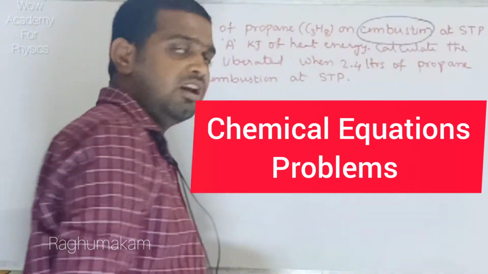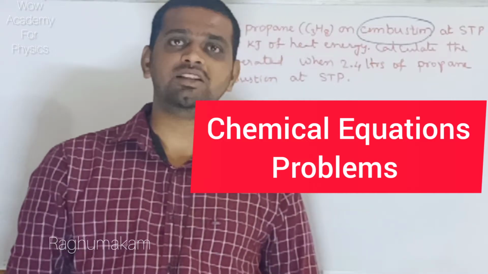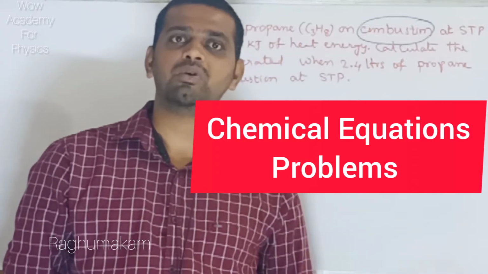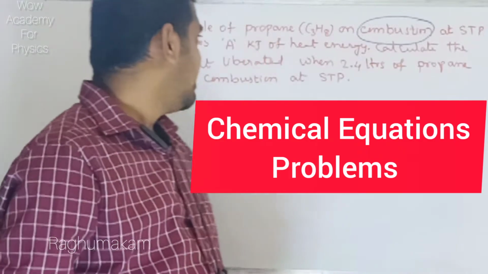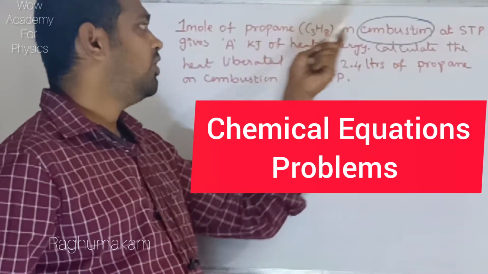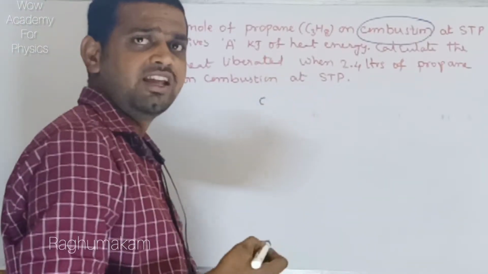all of you know the combustion reaction: the substance which burns in the presence of oxygen to produce carbon dioxide is called combustion. So here the propane is going to combust, and any combustion takes place in the presence of oxygen.